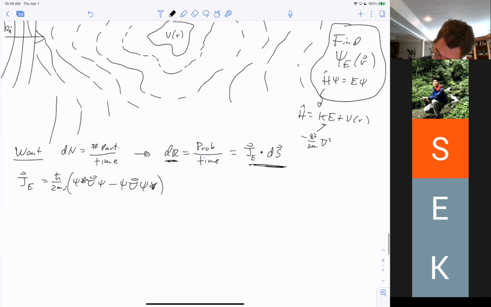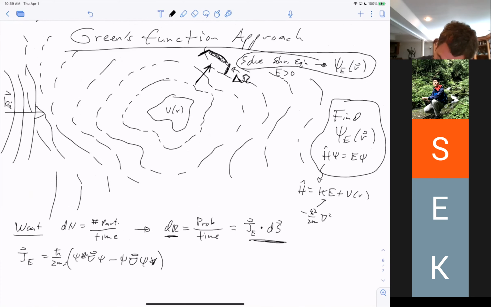remember, you guys remember that the differential cross section is 1 over J incident times d sigma over d omega.